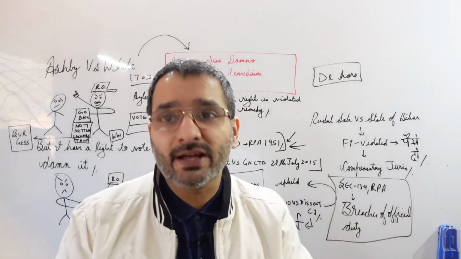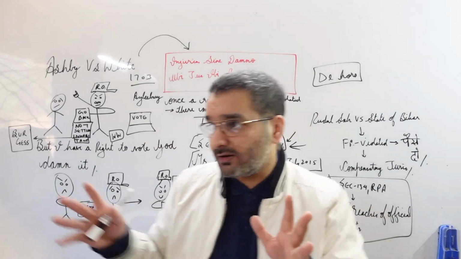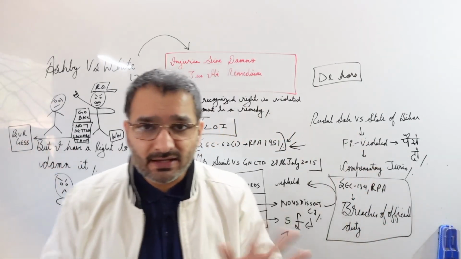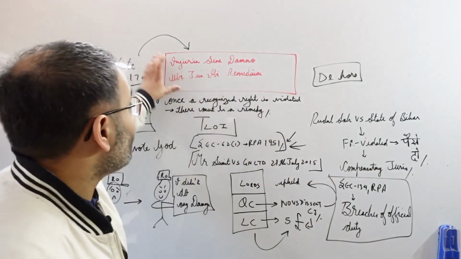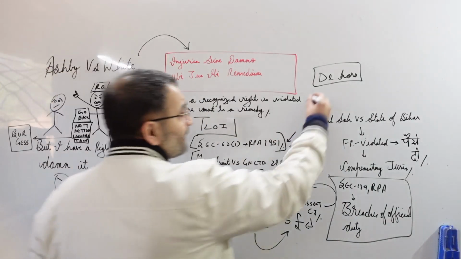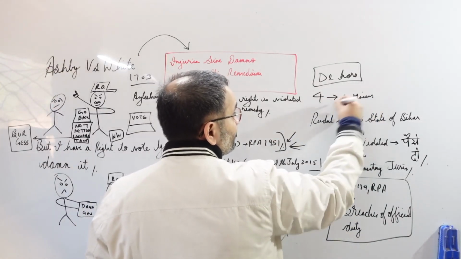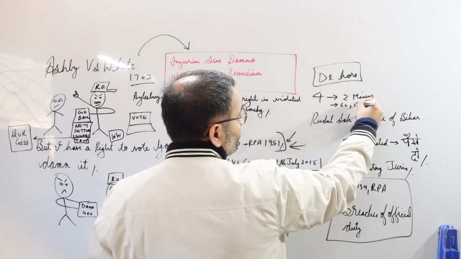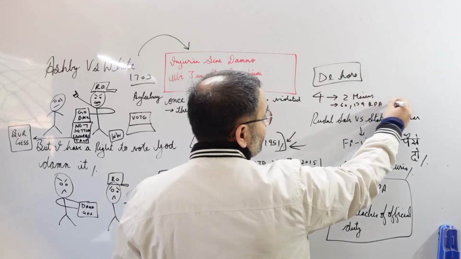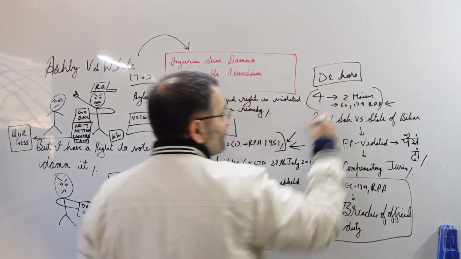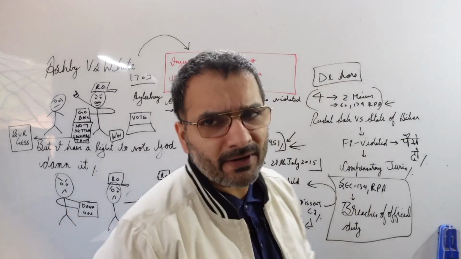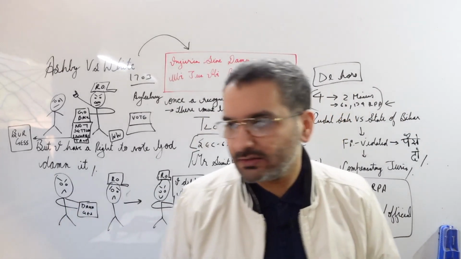I never focus on explaining the facts in 10-page essays. My point is the law. So 4 elements that you will mention: 2 maxims and 62 and 134 RPA connected to the Indian provisions, and the examiner knows what you have studied.